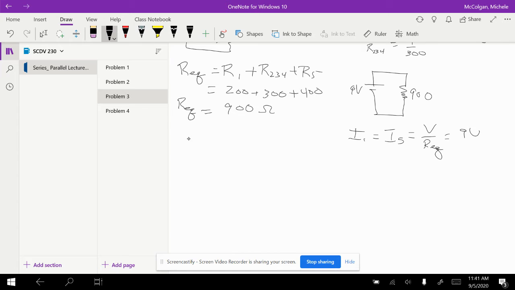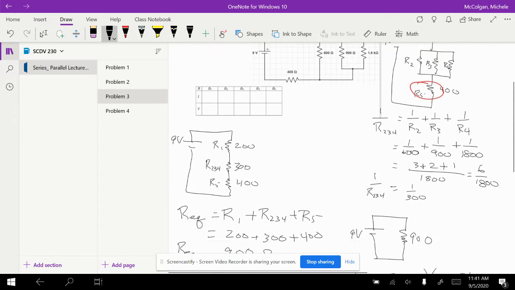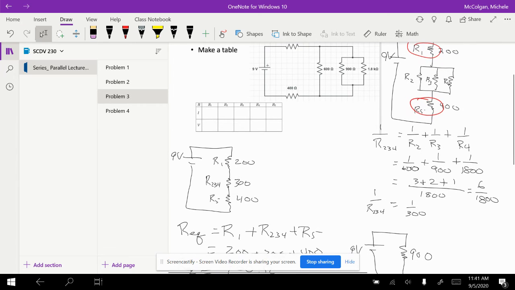So 9 volts divided by 900 ohms. So I1 equals I5 is equal to 0.001 amps. So I can plug that into my table. I'm going to call this milliamps, my units, and this is going to be 1 milliamp for I1 and 1 milliamp for I5.